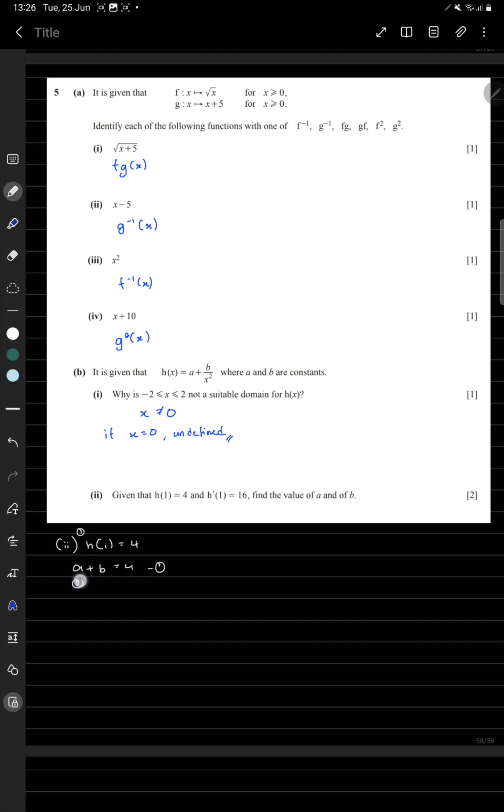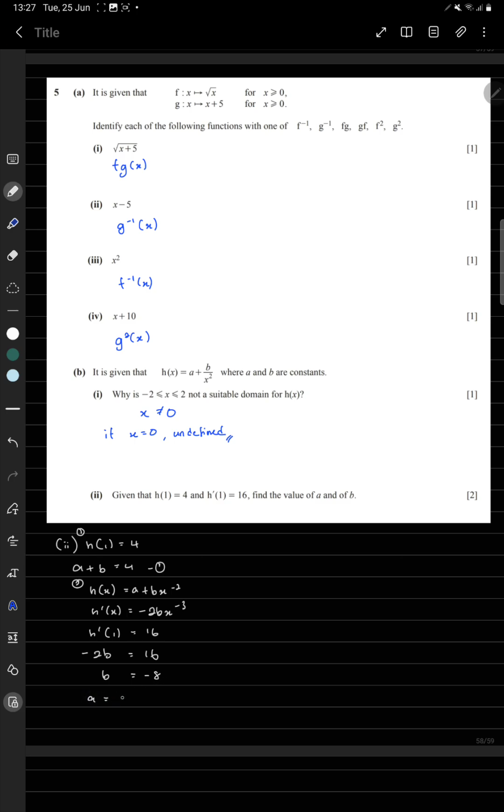So first step, second step. h(x) is equal to a plus b x to the power of negative 2. Then h'(x) is going to be equal to negative 2b x to the power of negative 3. So h'(1) is equal to 16. Therefore negative 2b is equal to 16, so b is going to be equal to negative 8.